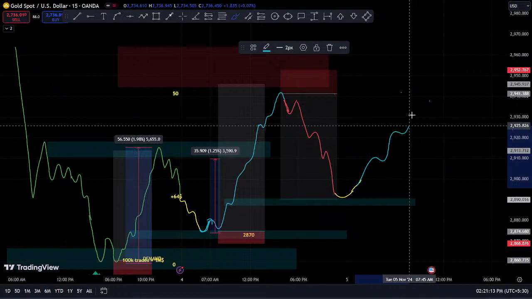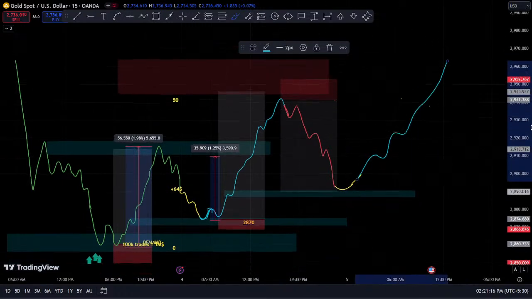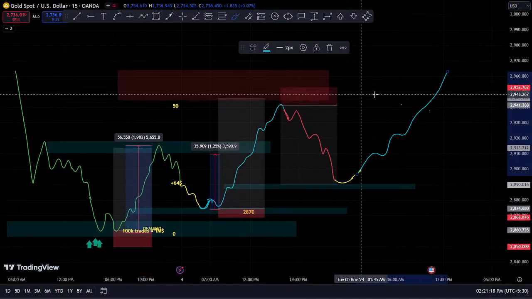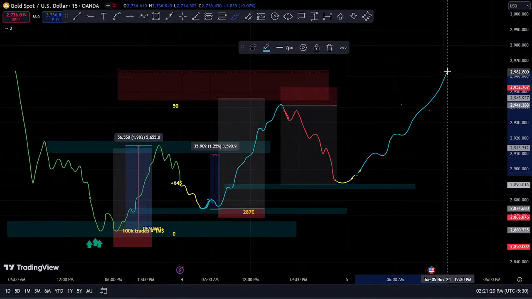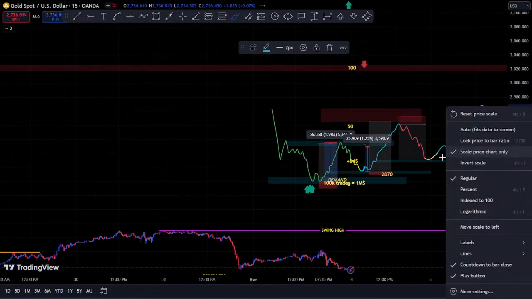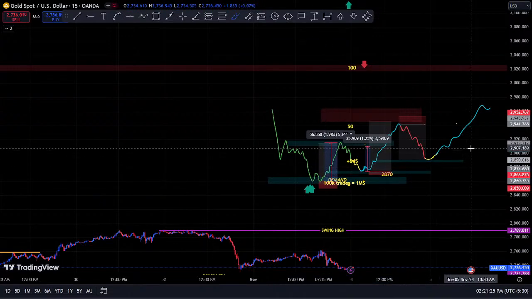Now this thing makes a new high, and no more people are exiting their trades, and in this way markets move.